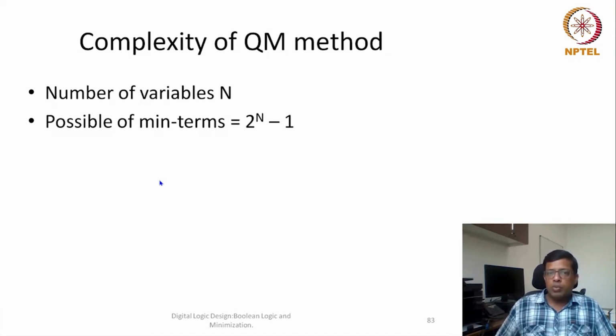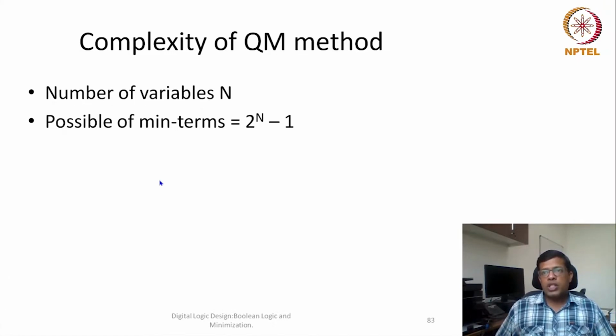Even though the total number of min terms may not be 2 to the power n, it could be of the order of 2 to the power n. So far we have solved multiple examples where the number of variables is 4 and the number of min terms is in the range of 8, 9, 10, 11. So it's of the order of, or nearby, that 2 to the power n minus 1 range.